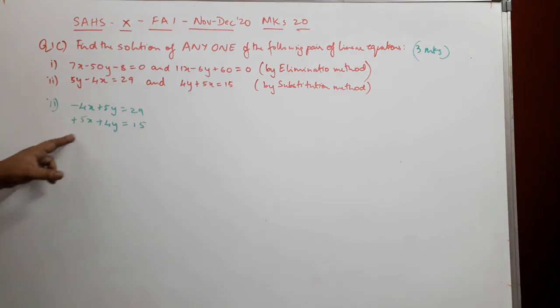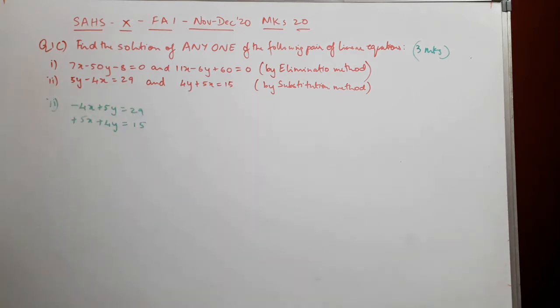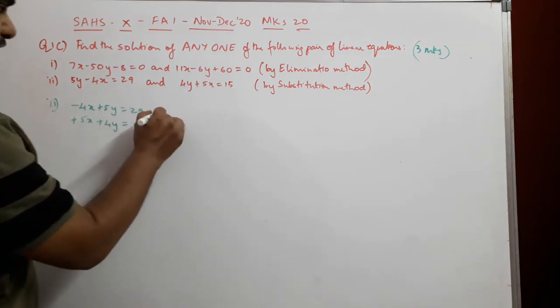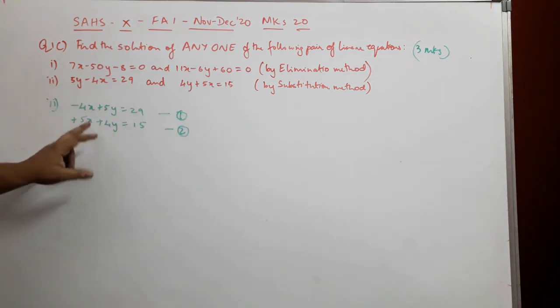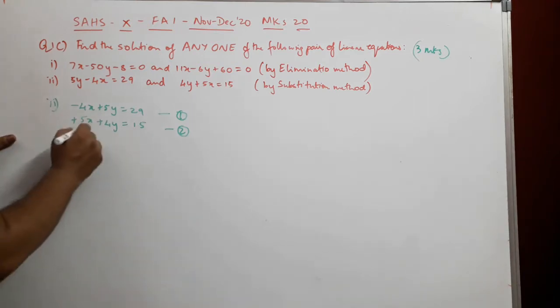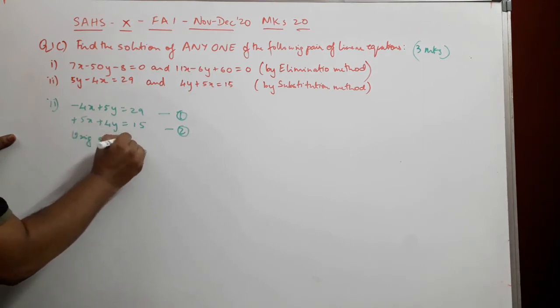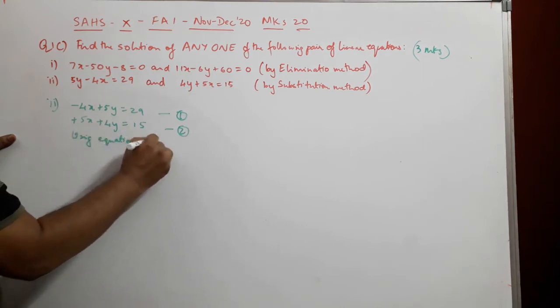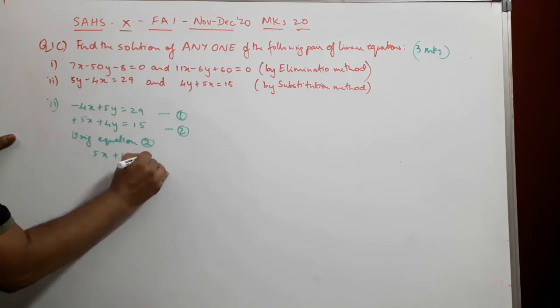Now this is not by elimination method but by substitution method. So we can choose to substitute for anyone. We'll mark this as 1 and 2. I'll go with the equation 2. So using equation 2, that is 5x plus 4y equal to 15.